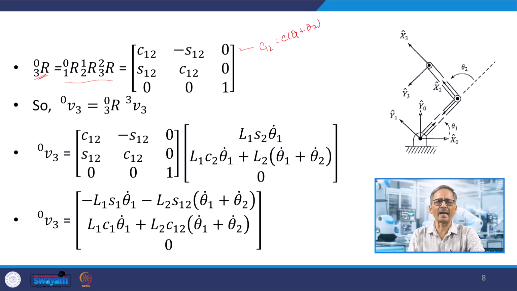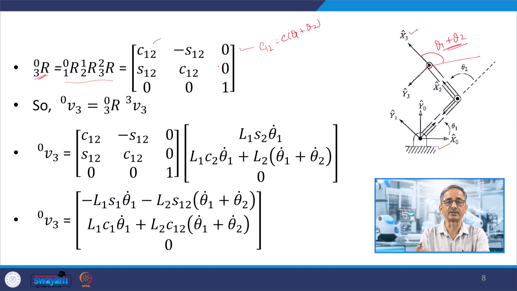We can visualize this also, since this is a very simple planar problem, this angle is theta 1 and this angle is theta 2. So, naturally from here this orientation is going to be theta 1 plus theta 2, right? So, the orientation of frame 3 with frame 0 is going to be theta 1 plus theta 2, and that is what this relationship tells you.